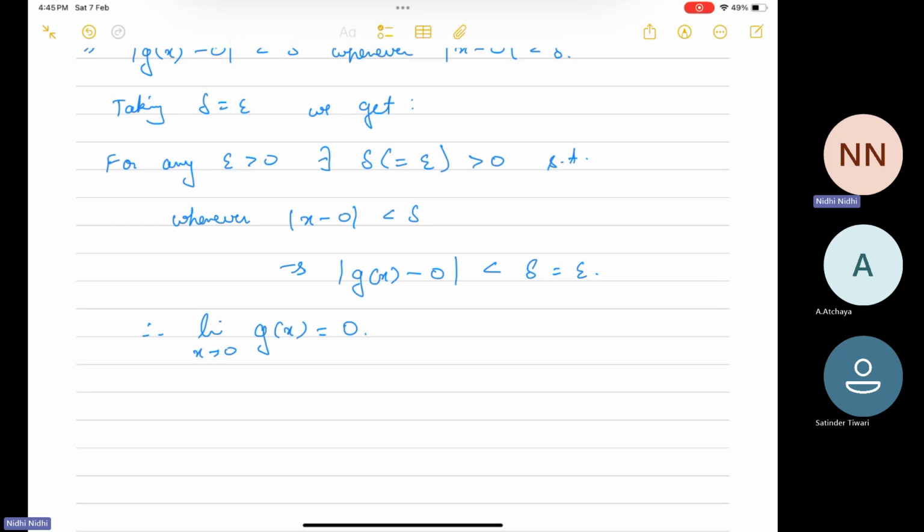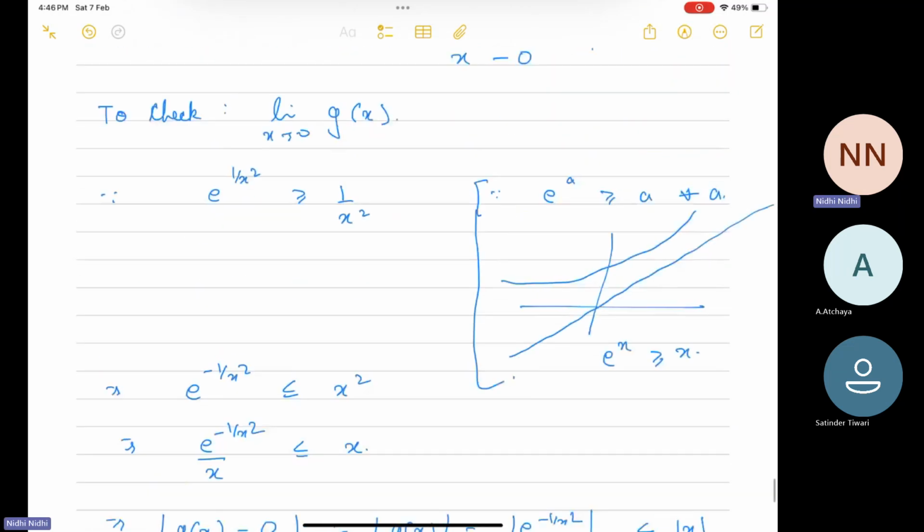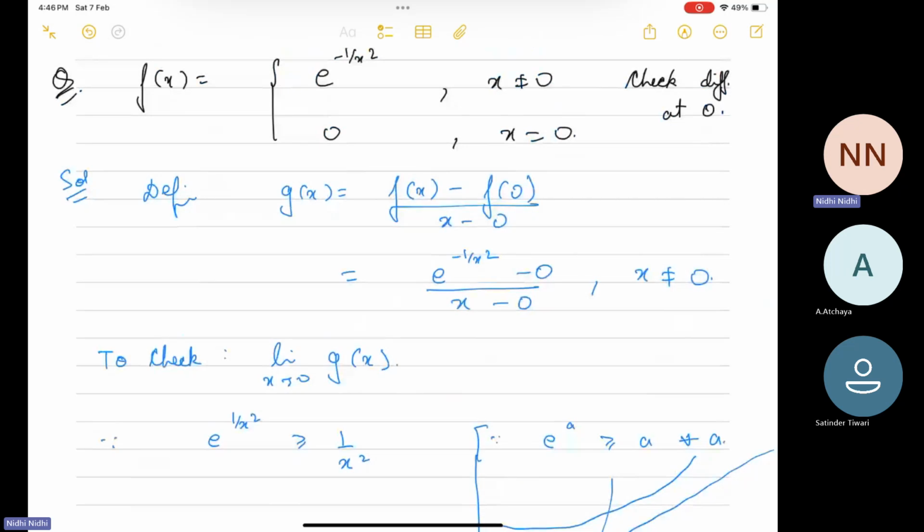Now since this limit exists, therefore the function f is differentiable. So the concept of differentiability is actually dealt with by using the concept of limit for the function g.